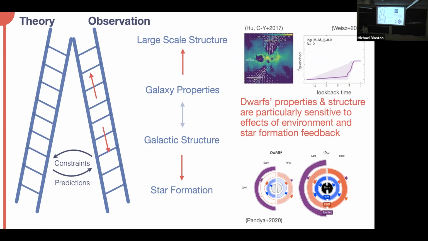Right, but dwarfs sit at a very useful place in this ladder because their properties and their structures, due to their shallow potential wells, are particularly sensitive to effects both from the environment, so at larger scales, and from things like star formation feedback at smaller scales. So we can really use dwarfs to interrogate our understanding of these various scales of astrophysics.